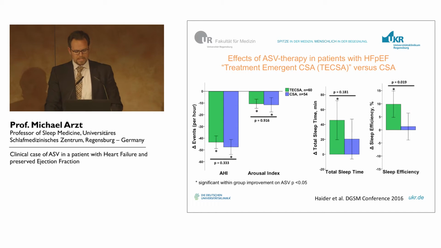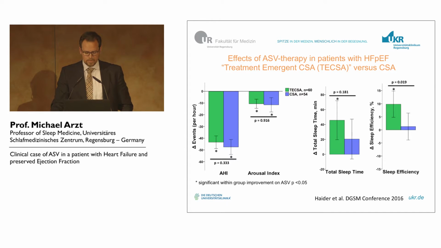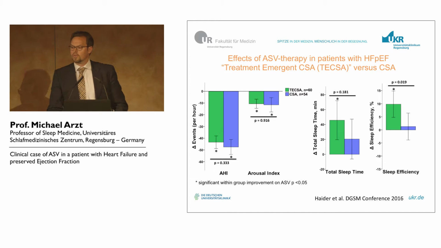So the green ones are the treatment-emergent ones, so first PSG obstructive sleep apnea, and the blue ones CSA from the beginning. So in both groups, there is a significant AHI reduction and also significant reduction of the sleep fragmentation arousal index, but it was similar between groups.